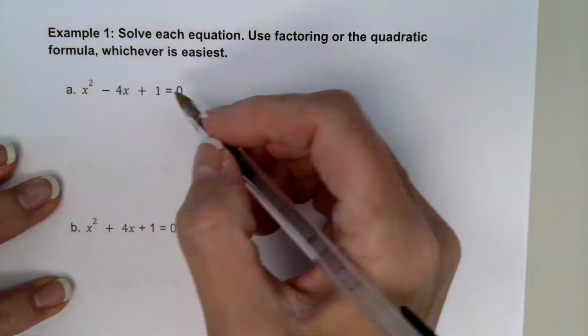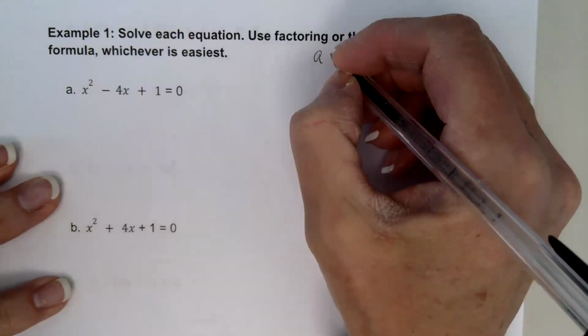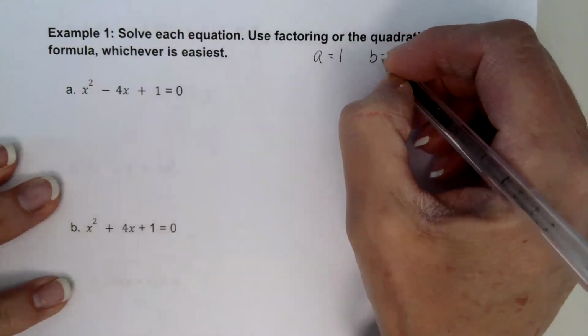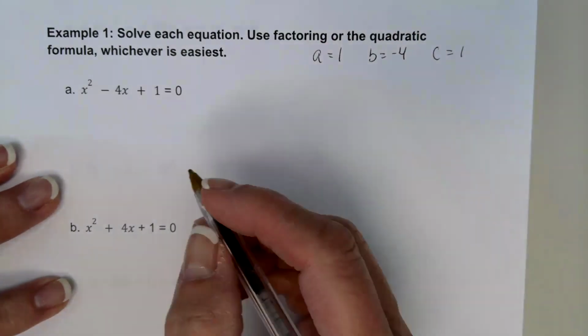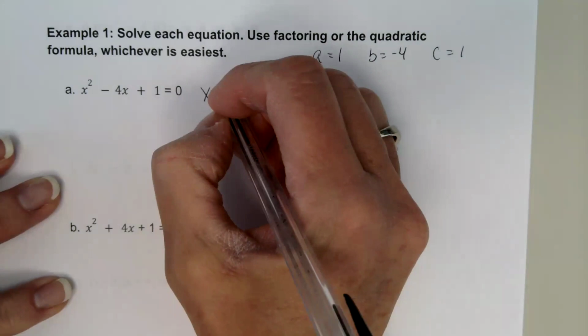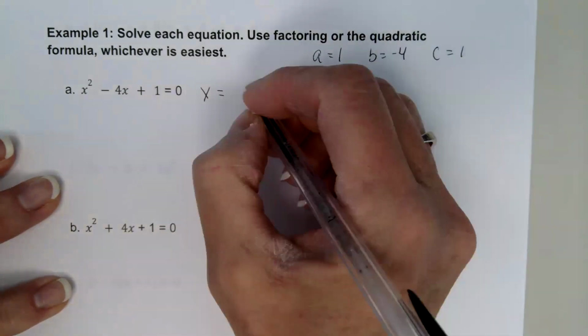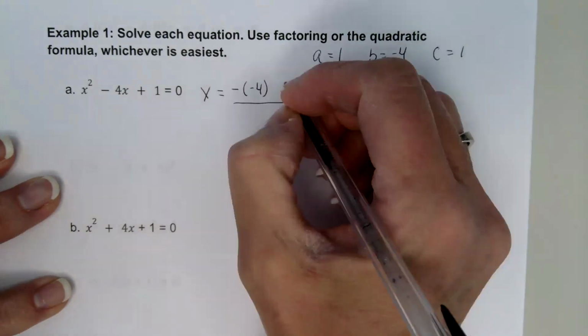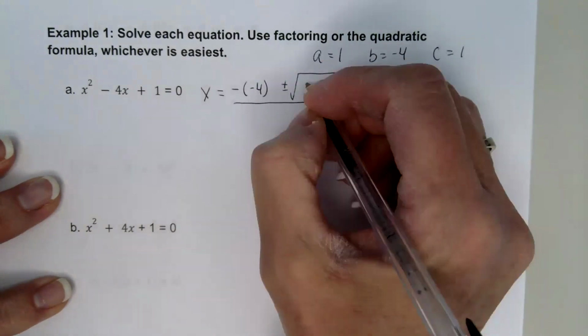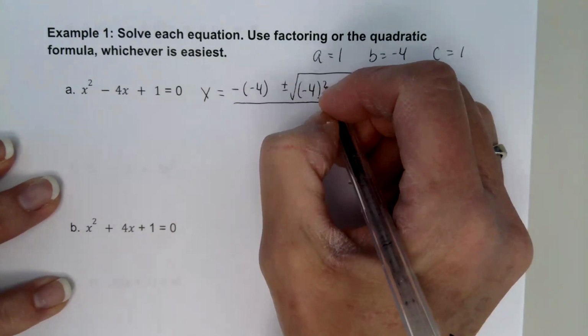So we have x squared minus 4x plus 1. So a equals 1, b equals negative 4, and c equals 1. And so x is going to equal the opposite of b, so the opposite of a negative 4, plus or minus the square root of a negative 4 squared.